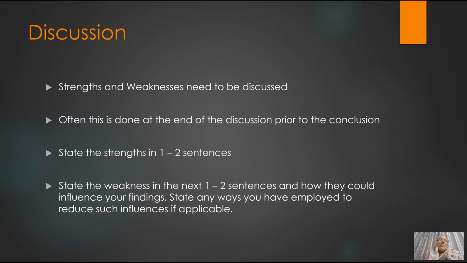You should have 1, 2, 3 statements on strengths of your study, but also, and more importantly, you should state the weaknesses of your study, especially those that might influence your findings. In this paragraph, you can also describe ways that you might have employed to reduce such weaknesses, so to reduce the bias that might lead to weakness in your study.